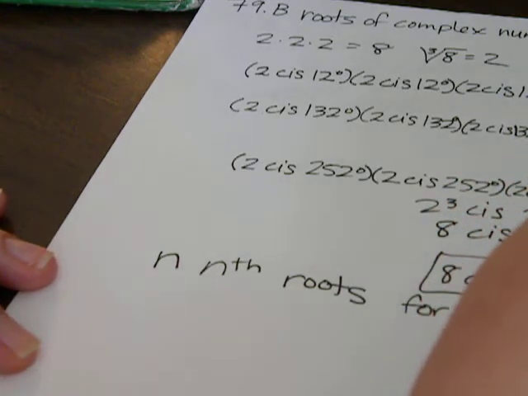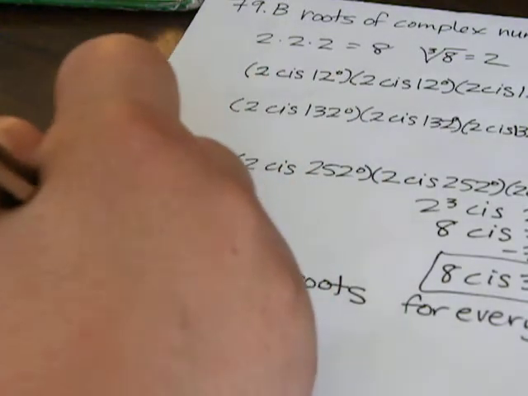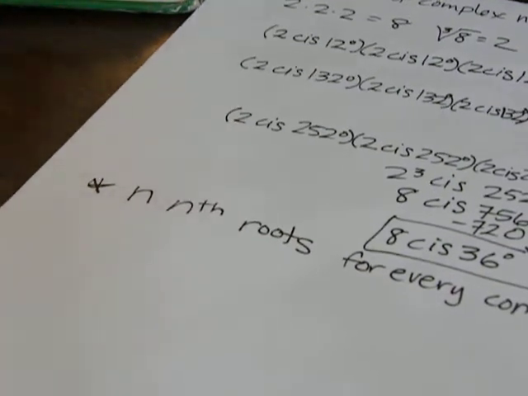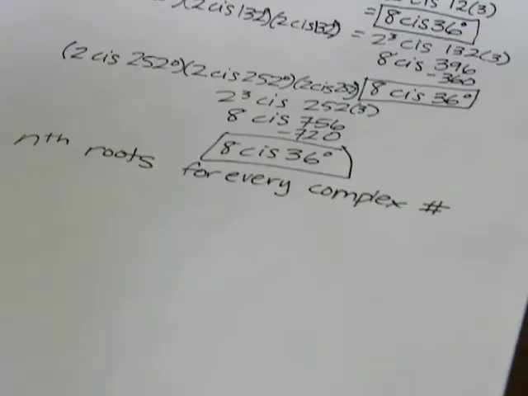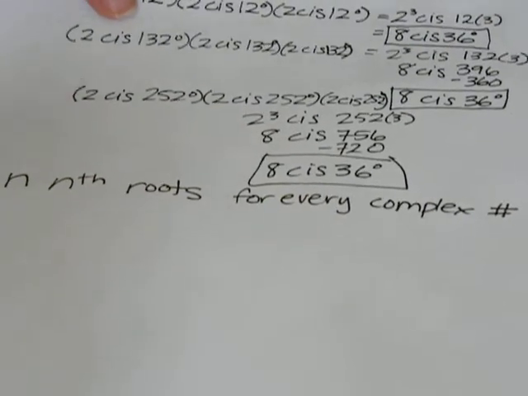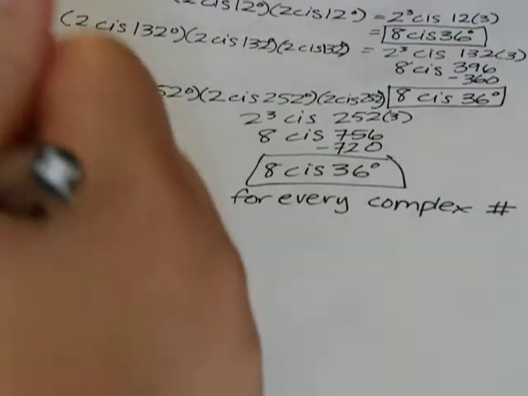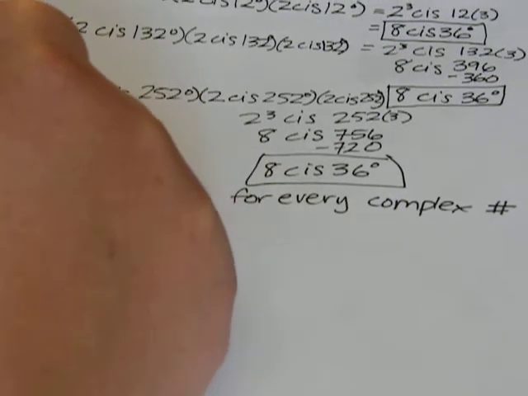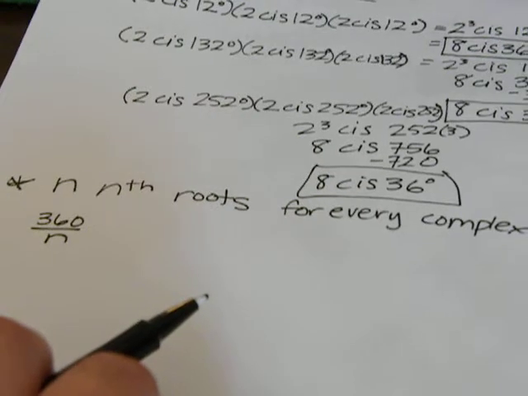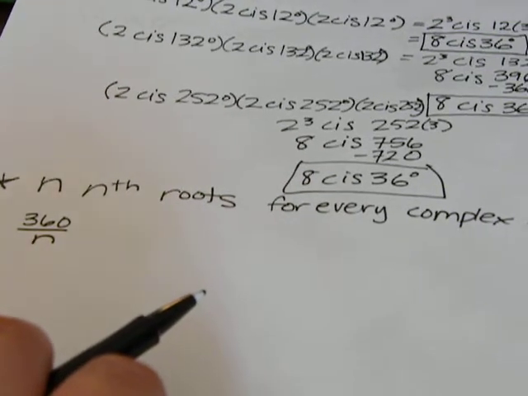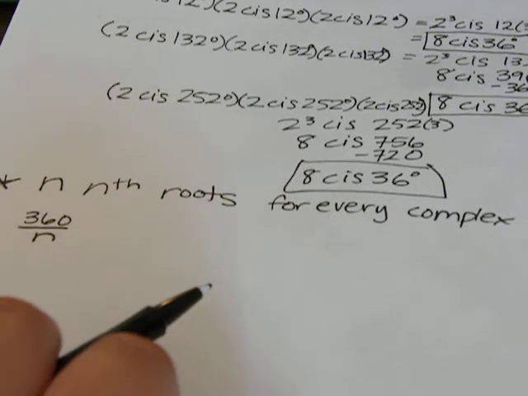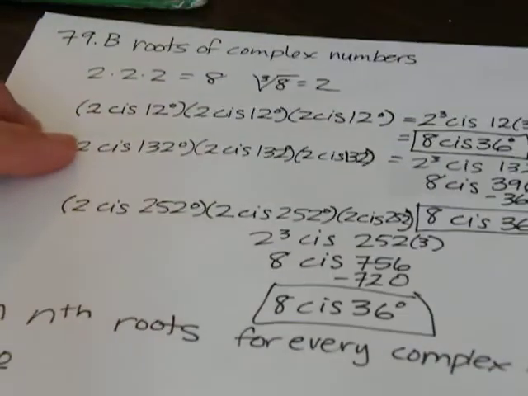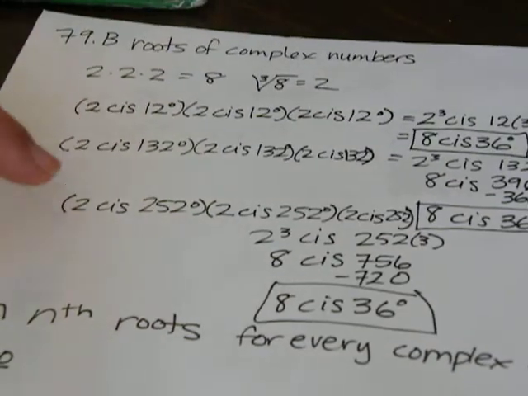The second thing that you need to remember is the nth roots for every complex number. They are going to differ by 360 divided by n. So for example, if you go back up to this top one, there were 3 roots.